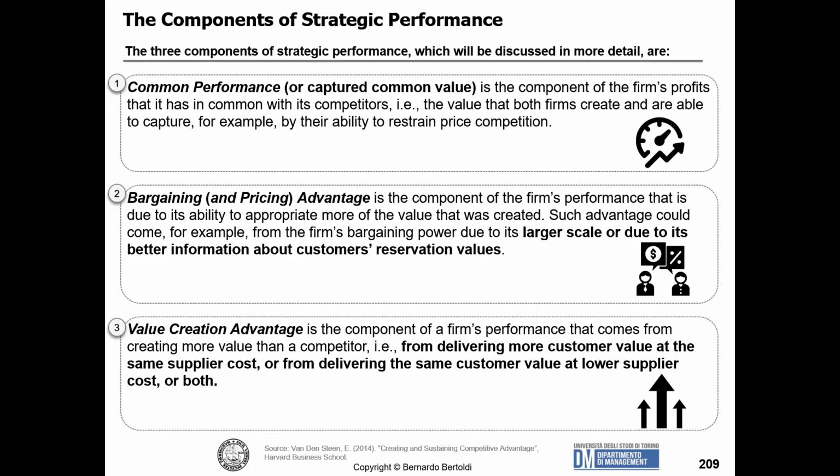So if you are better in bargaining with others, as the Walmart case we just saw, or if you are better in pricing because you have more information, you have bigger dimension, you know more things about the willingness to pay of your customers, and if you want a clear concrete example on this, Amazon is one of these examples. So you have an advantage due to the fact that you can better bargain or better price.